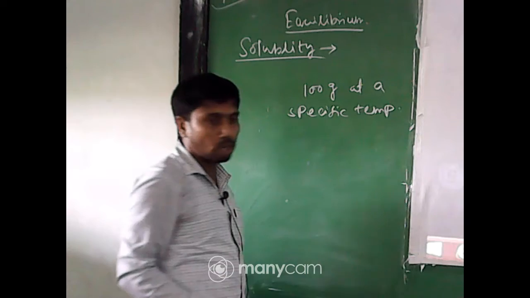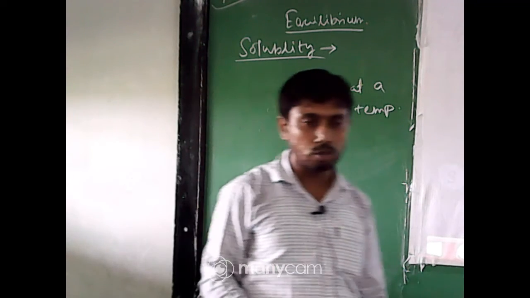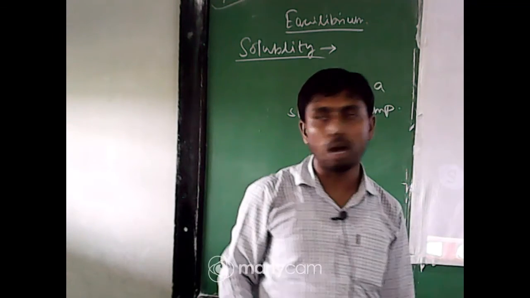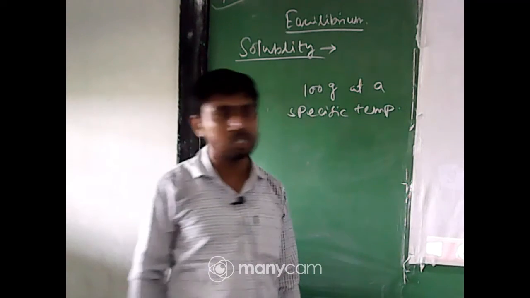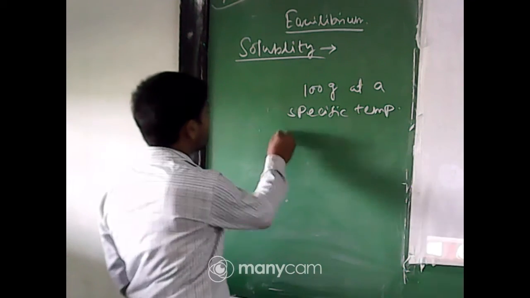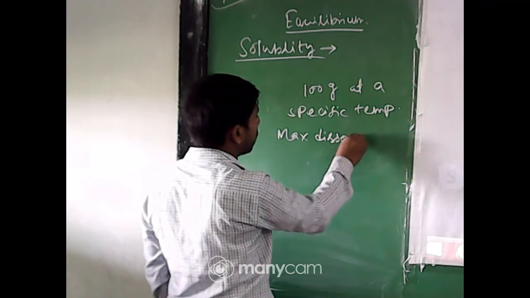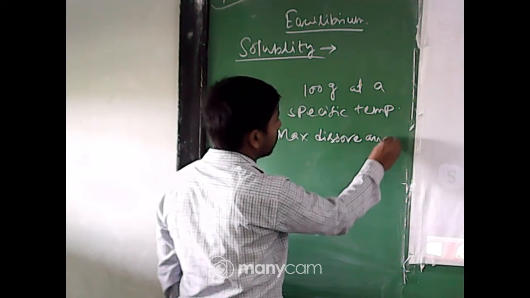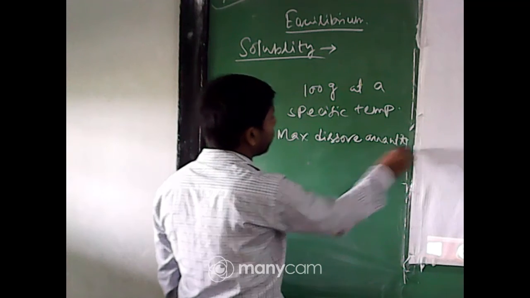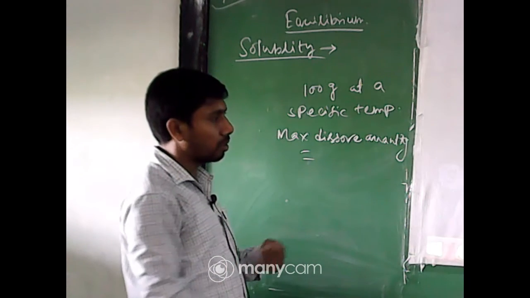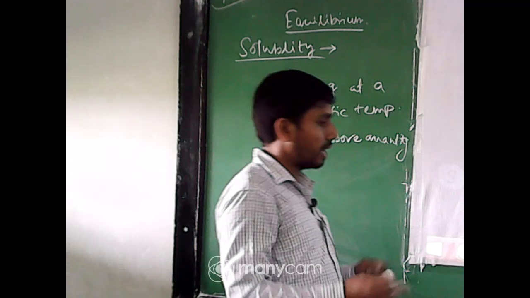That is, the maximum amount of the solute that can be dissolved in 100 gram of the solvent, the maximum dissolved quantity. What is another name of this? Can you tell me, anyone? What is another meaning of this?